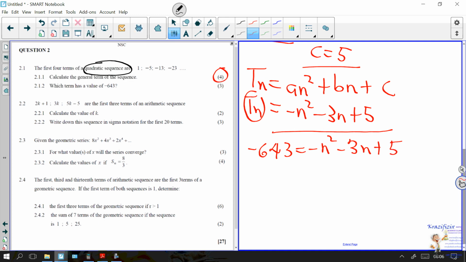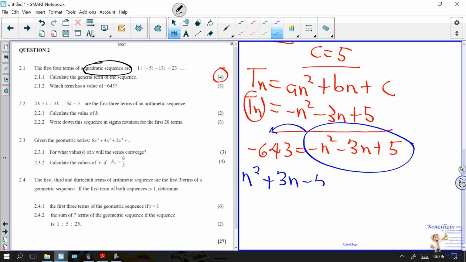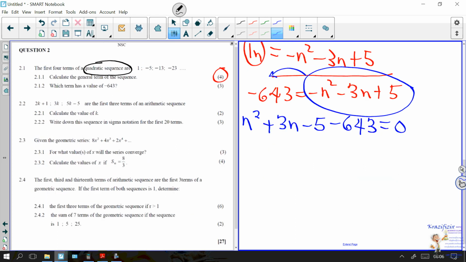This actually gives us a quadratic expression. Let's move everything from here to the other side. My n squared becomes positive. I have a positive 3n minus 5 minus 643 equals 0. Standard form. All right. n squared plus 3n minus 648 equals 0.